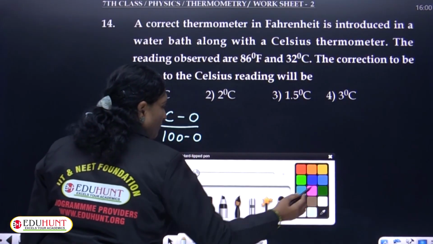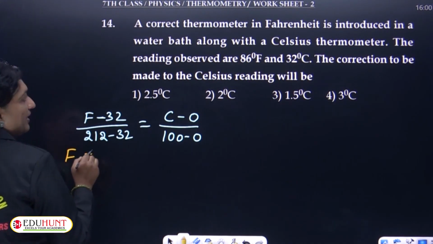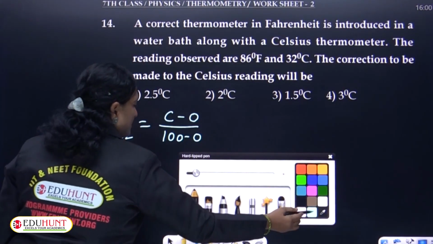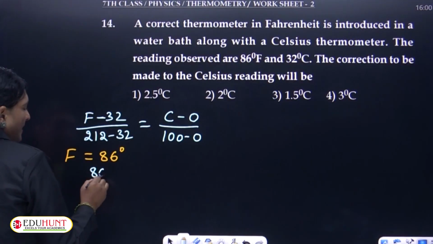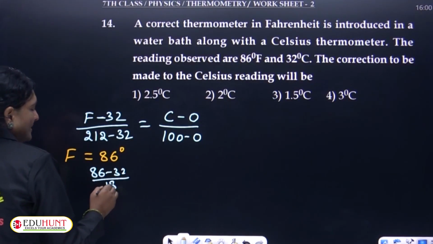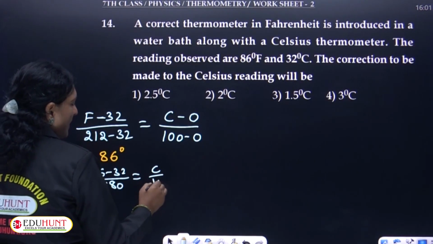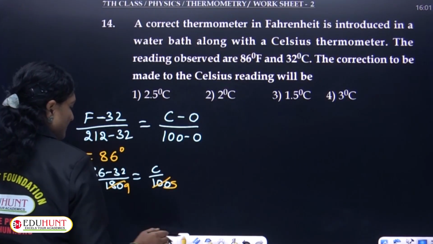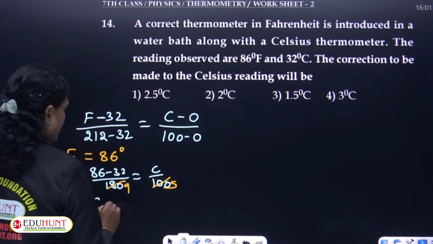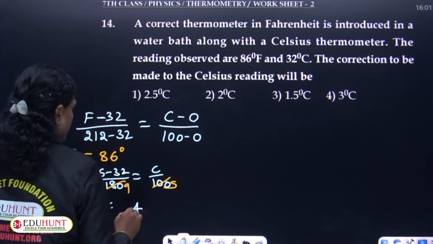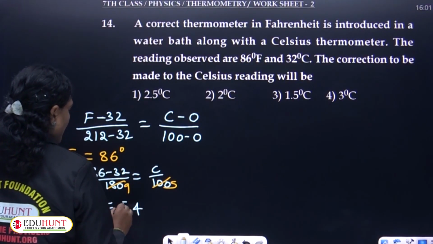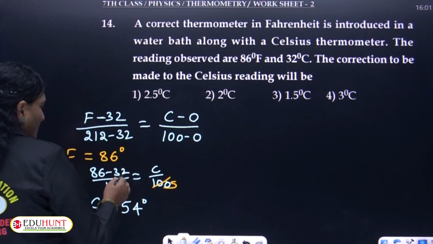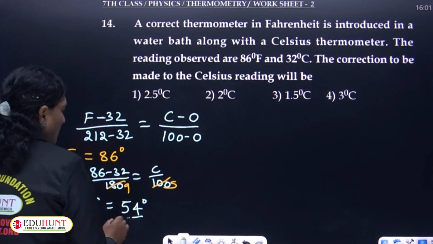Substituting F as 86, we have (86 minus 32) upon 180 equals C by 100. Simplifying further, this goes 5 times and here goes 9 times. So 86 minus 32 is found to be 54 upon 9.